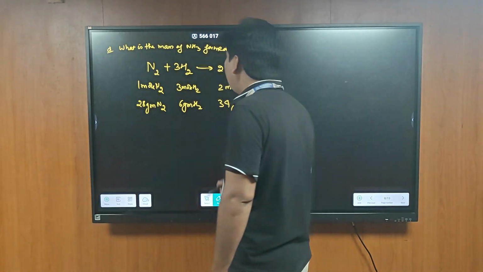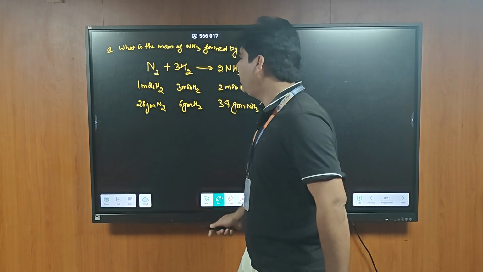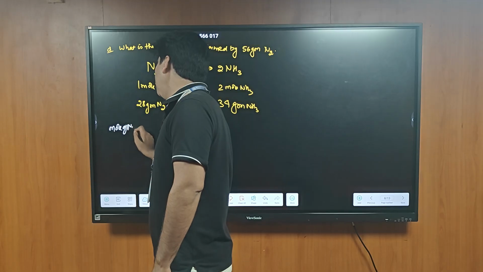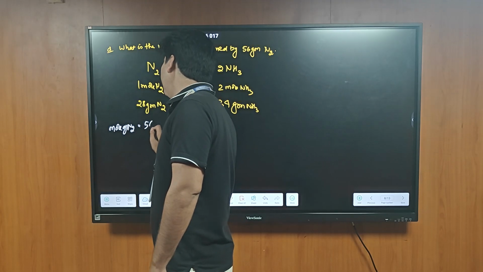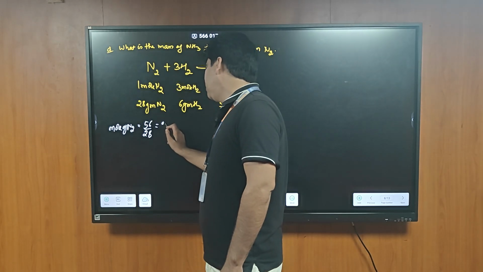Now, first of all, we'll have to find the moles present in 56 gram of nitrogen. Moles of N2 in 56 gram will be 56 divided by 28. You might know the molecular mass of N2, right? It will be 2.